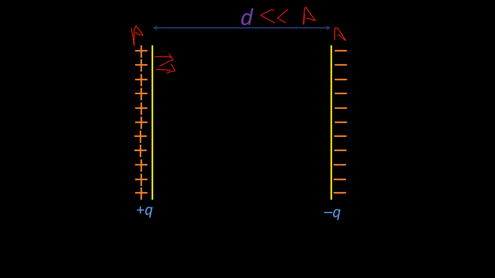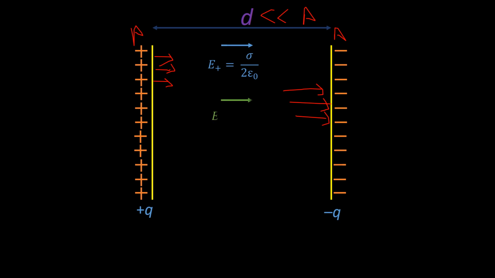Now we know that field lines come out from positive charge, and field lines enter into negative charge. So here, if I consider the distance to be very, very less than A, this plate may be considered as an infinite plate, and then the electric field of the positive charge plate can be considered to be sigma by 2 epsilon 0. Similarly, field lines enter into negative charge.